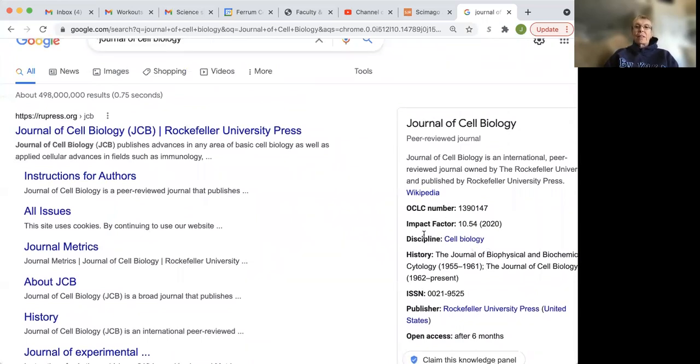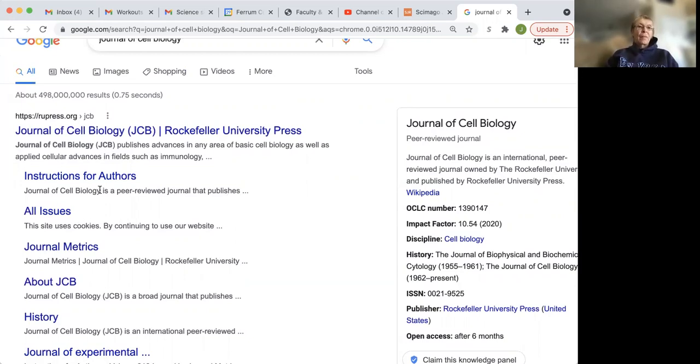It gives you an impact factor. I'm going to talk more about impact factor in a minute. But here we have the journal, so it tells you approximately the kinds of things that it's going to be talking about. It also has instructions for authors. If it hadn't told you right up front that it was a peer-reviewed journal, you could have looked at the instructions for authors and seen what they are told.